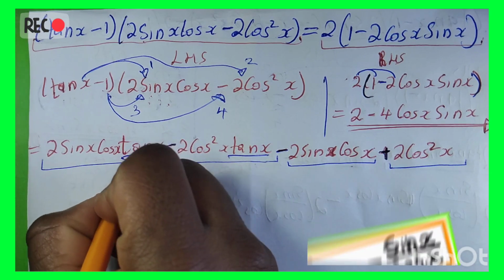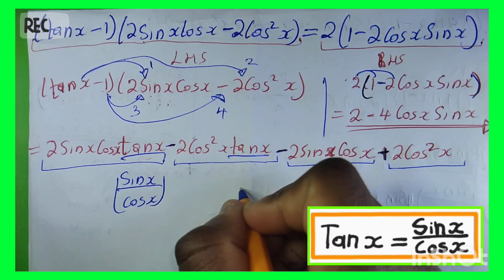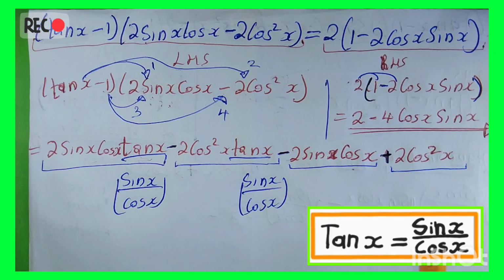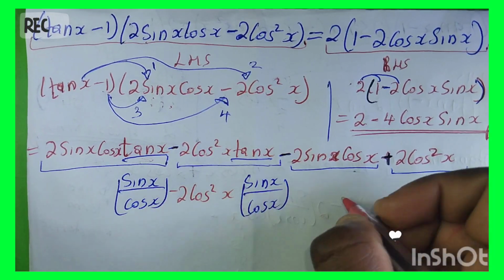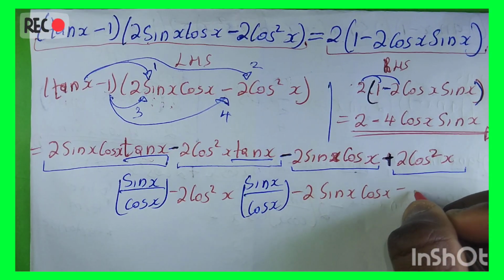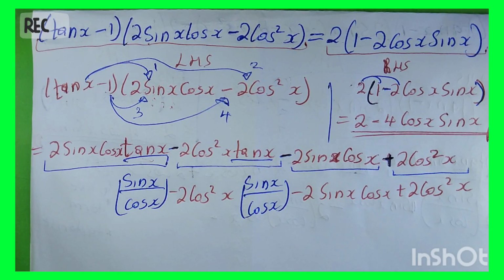The only thing I can do is change this to become sin x over cos x. Then all the other terms I will leave the way they are, as well as this sin cos minus 2 or plus cos 2.